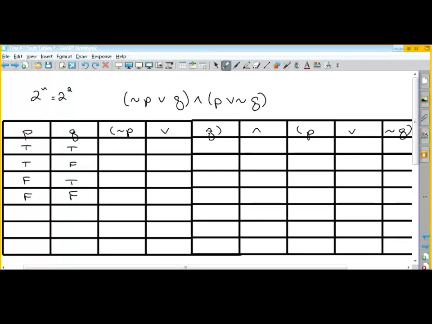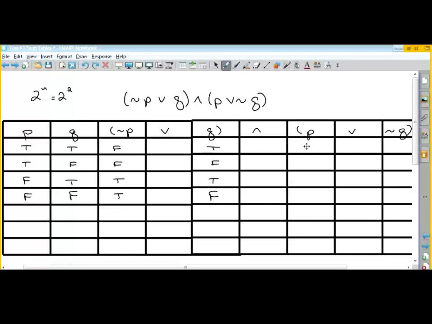Now I go back to the ones that just include either the negation of the letter or the letter. So when I have the negation, I just go to the column that has P in it and I do the opposite. And I go to the next letter, which is Q, so I just copy the truth values that are there.